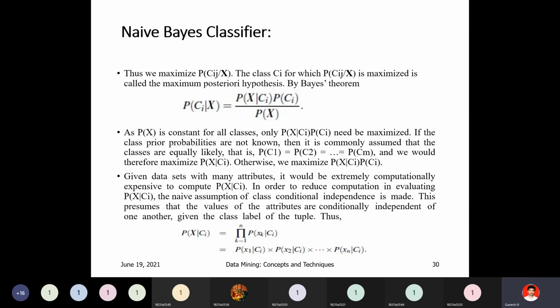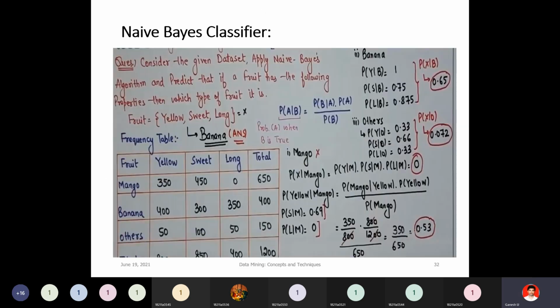In each and every example, you have to apply this formula to find the probability, here the probability of yellow by mango. That is the probability of mango by yellow into P of yellow by P of mango. How can we find it? Just see, P of mango by yellow. Total how many yellow are there?